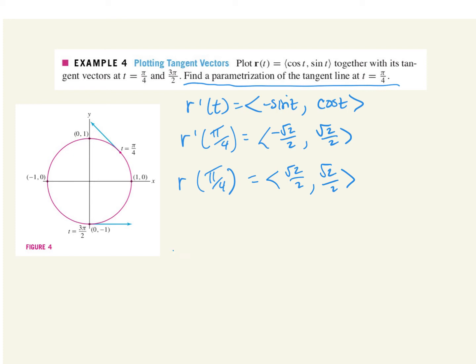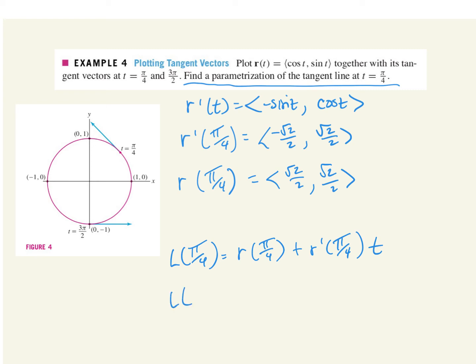So our line, written in the form of the definition first, would be, oops, I should write that as L of pi over 4 is equal to r of pi over 4 plus r prime at pi over 4 times t. Right?